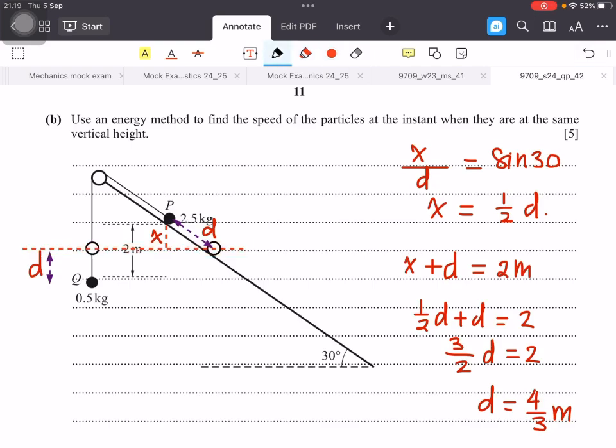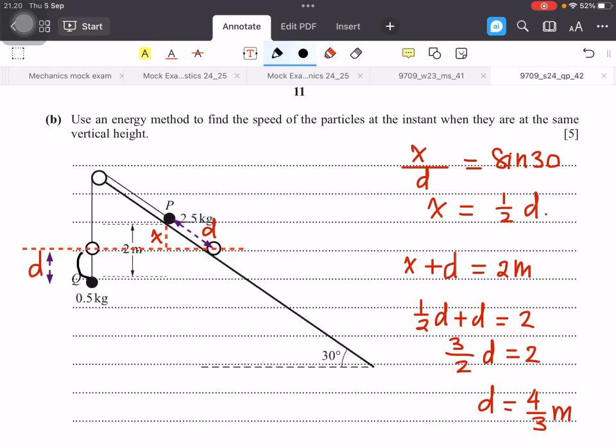And let's say Q has moved a distance d meter upward, and since the string is taut, P is also moved a distance d meter down the slope.